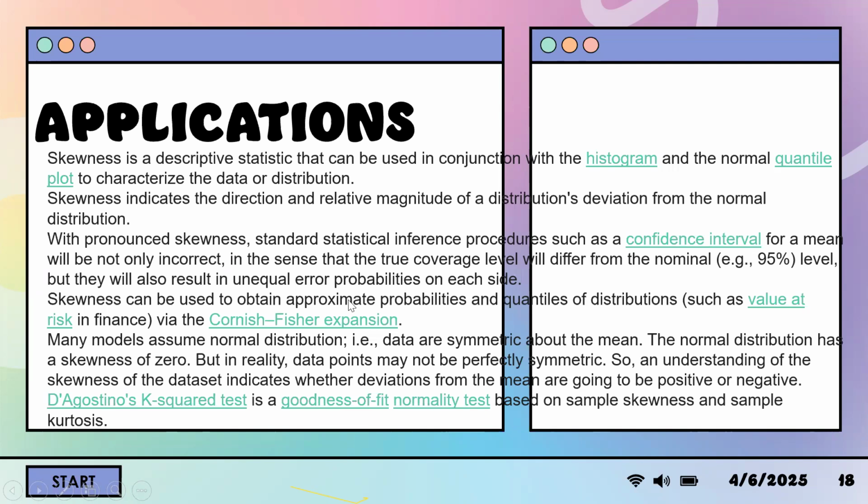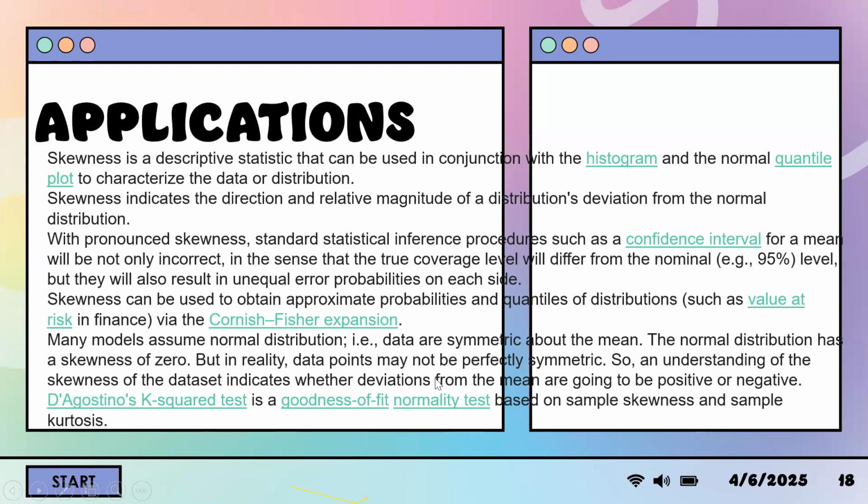Skewness can be used to obtain approximate probabilities and quantiles of a distribution, such as value at risk in finance, via the Cornish-Fisher expansion. Many models assume a normal distribution, that is, data are symmetric about the mean. The normal distribution has a skewness of 0, but in reality, data points may not be perfectly symmetric.